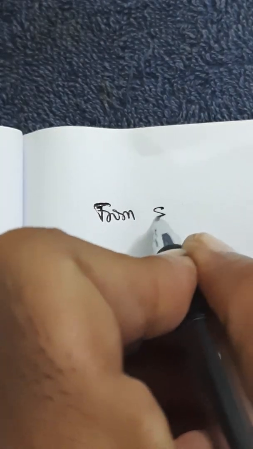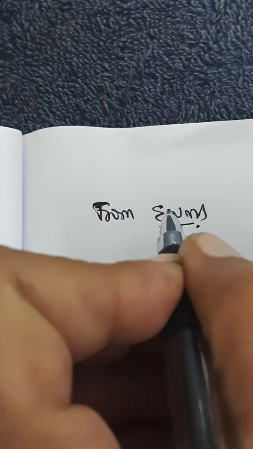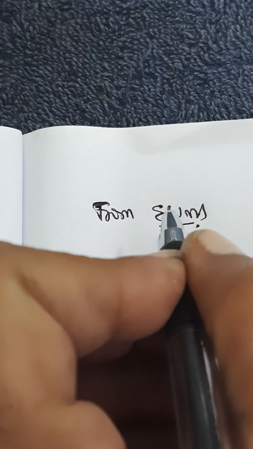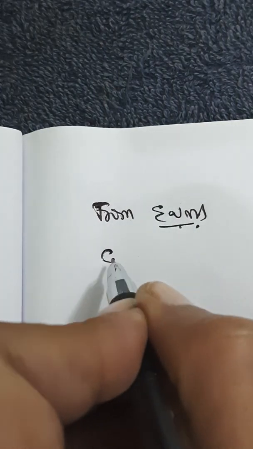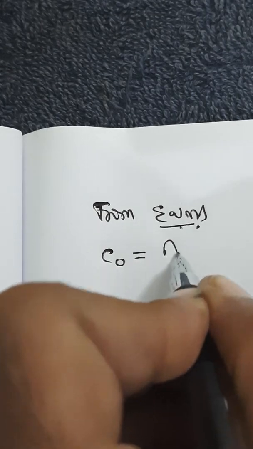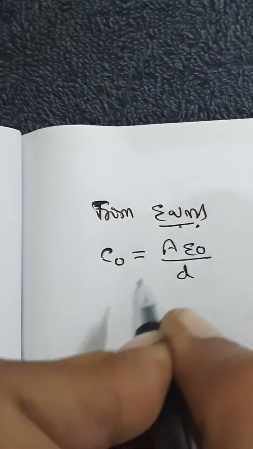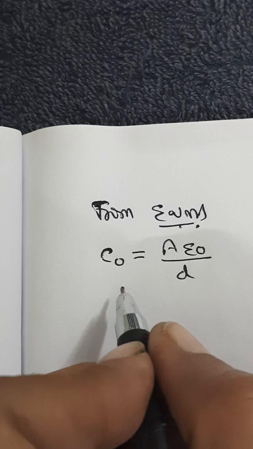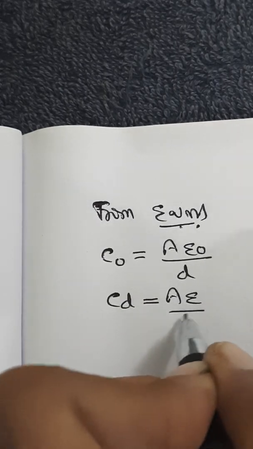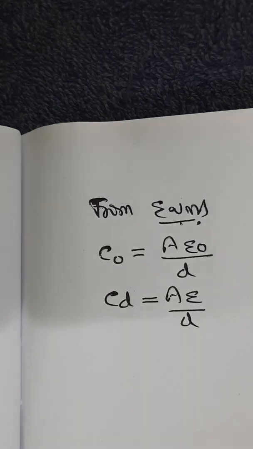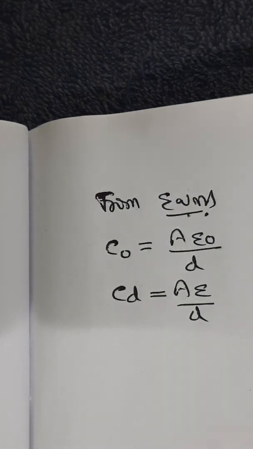So, from equations, what are those equations we have taken into consideration? C naught is equal to A epsilon naught by D. CD is equal to A epsilon by D. Let us take the second part of the expression.